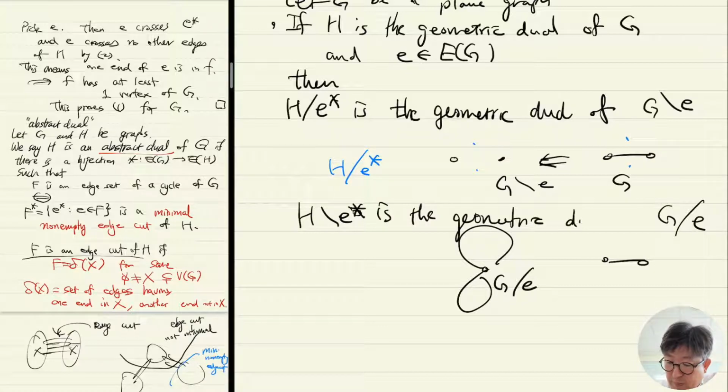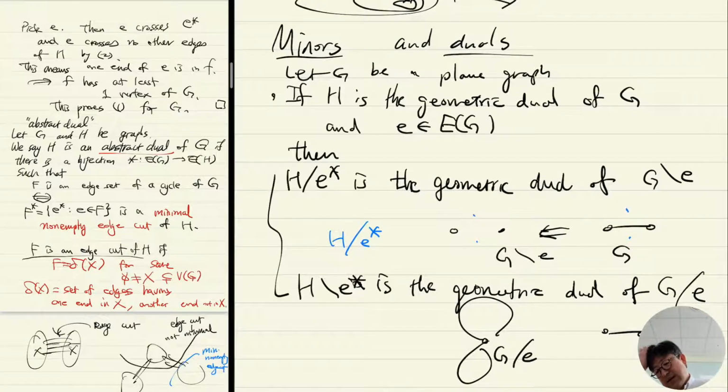So it's easy to observe that contractions correspond to deletion in the dual, and deletion corresponds to contraction in the geometric dual.